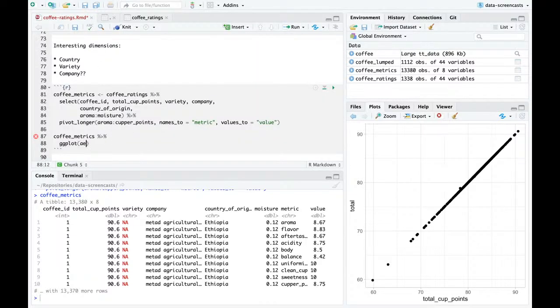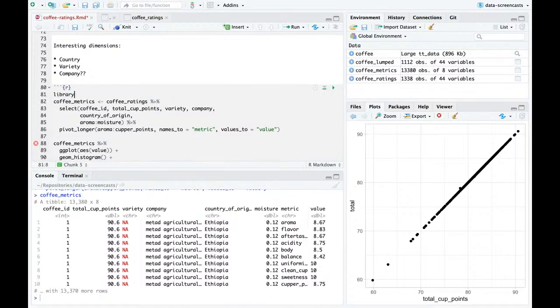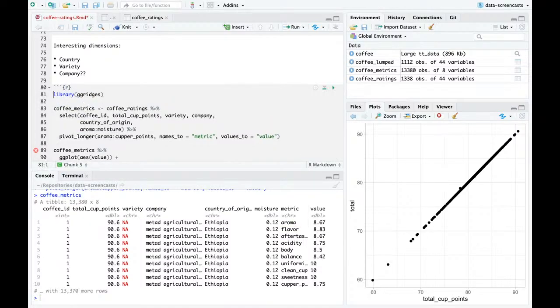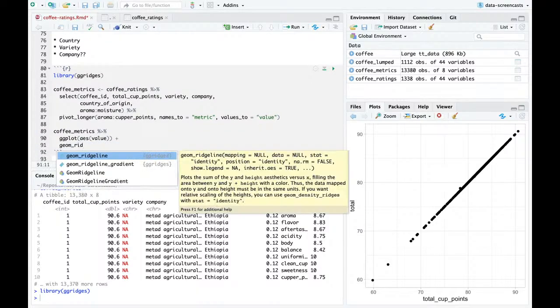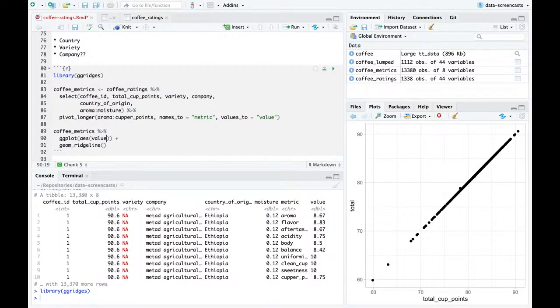So one thing I'm going to do is start by graphing our values by our metrics. I'm going to say geom histogram. And yes, Thomas is right, I could use, heck, I'm going to do it. I'm going to do a ggridges. I'm going to say geom ridgeline. I think it's color equals metric.